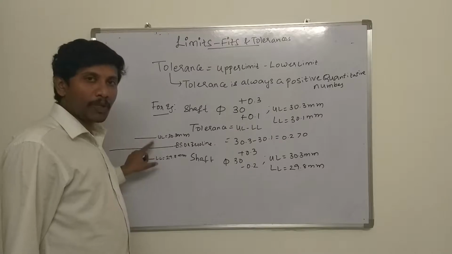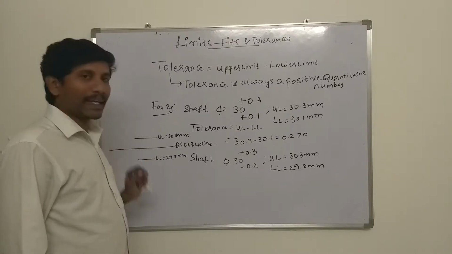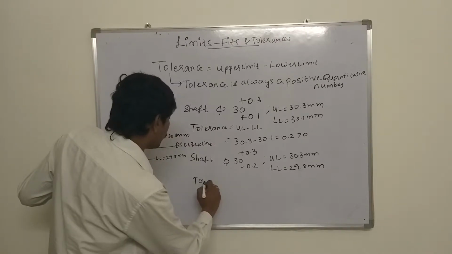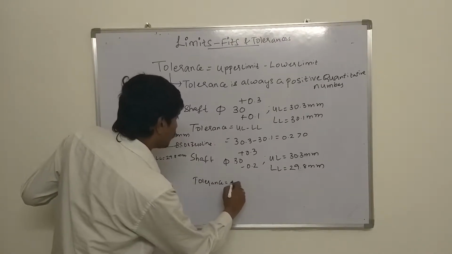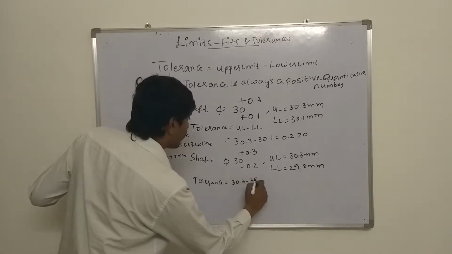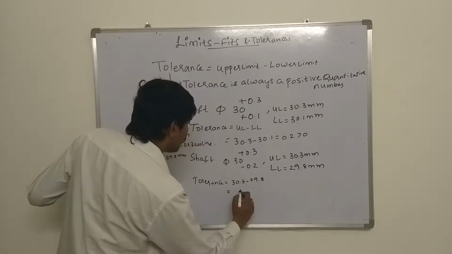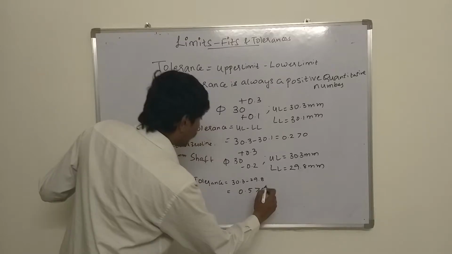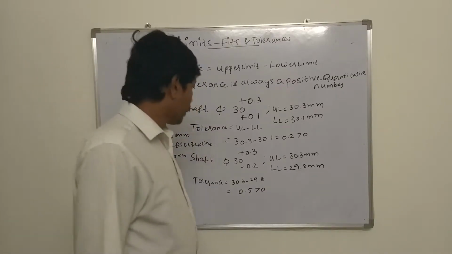So here tolerance is 30.3 minus 29.8, equal to 0.5, which is greater than 0, a positive quantitative number.